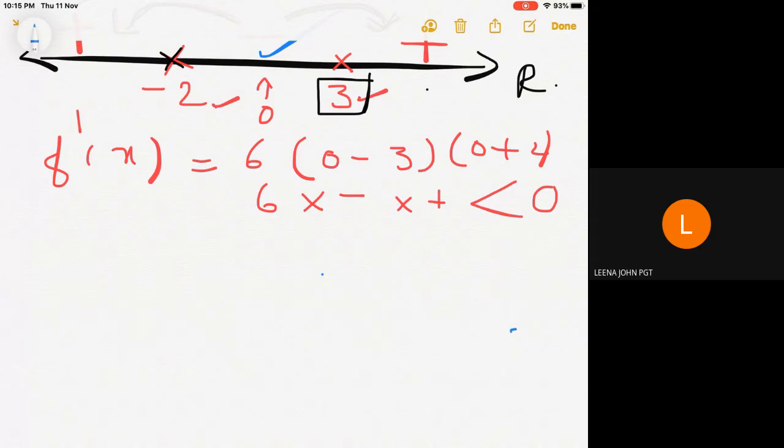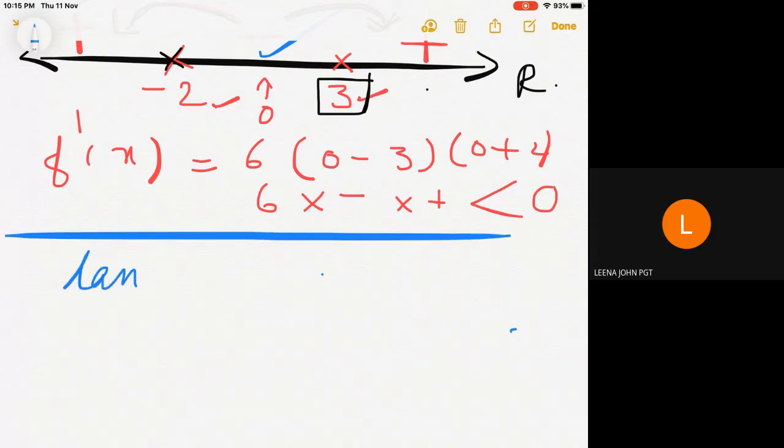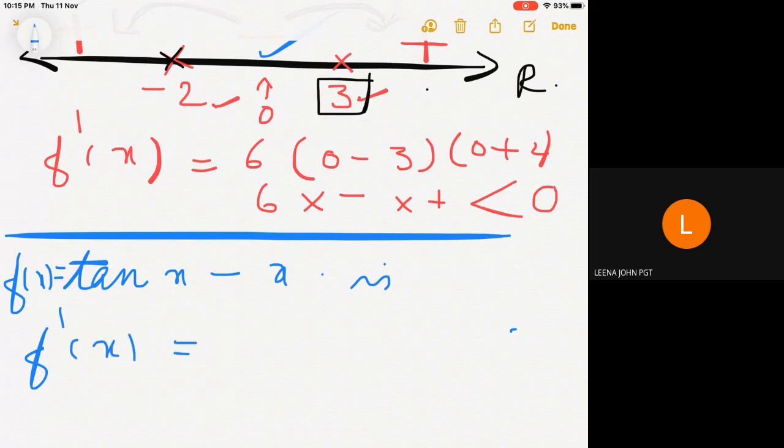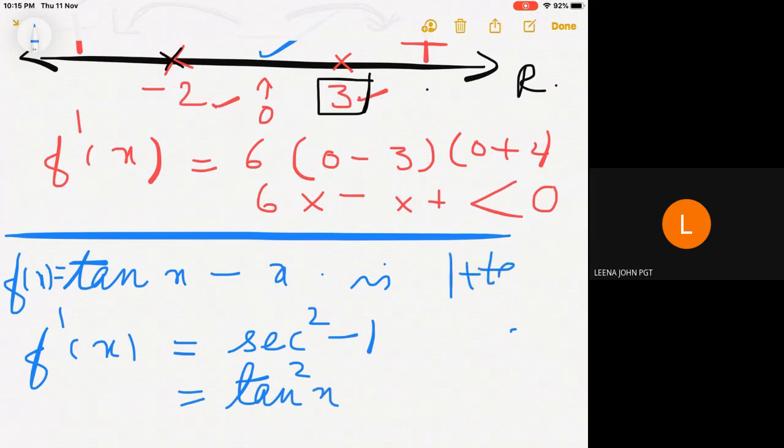The next one is: the function tan x minus x always increases, always decreases, never increases, or sometimes increases and sometimes decreases. So here also the same technique applies, for the whole domain it is talking about. So you need not find out the interval or split the domain. Instead, you find out the derivative, you will get sec square x minus 1, and sec square x minus 1 is tan square x, because you have already studied 1 plus tan square x is equal to sec square x.